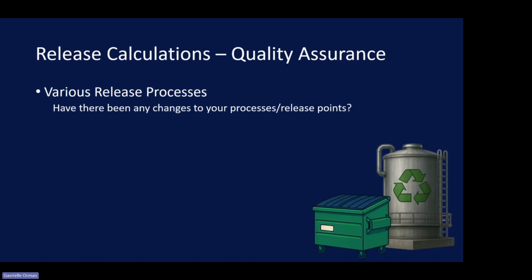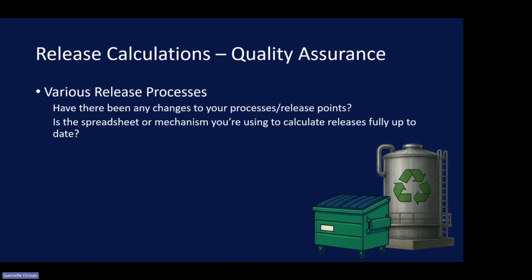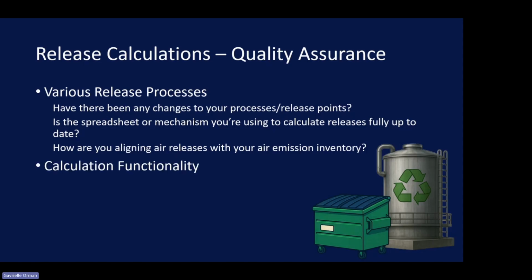For the quality assurance component, we're going to be asking ourselves things like, are there any changes to your processes or release points that aren't accounted for in last year's spreadsheet? Is the spreadsheet or mechanism that you're using to calculate these releases fully up to date, or do I need to update it before I start entering in information? Like I said, how are you aligning your air releases with the air emission inventory?